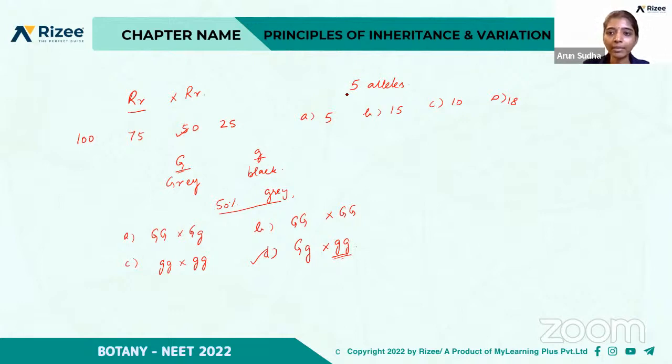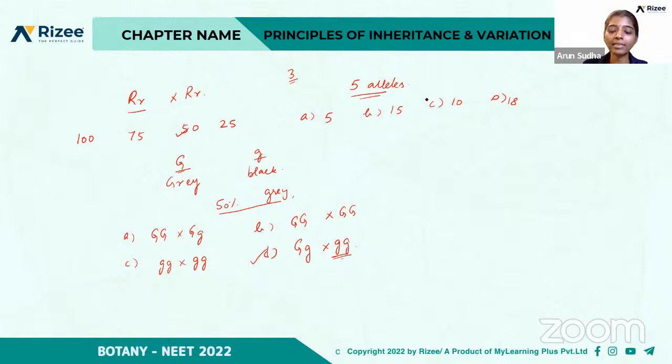So what will be the right answer? We saw in the case of ABO blood grouping there are 3 alleles, right? So the question is the number of possible genotypes in that population.